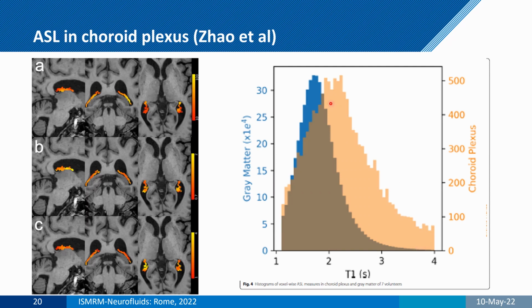Because what they showed is that the T1 with which the label was decaying in the choroid plexus was much longer than the T1 with which the label was decaying in the gray matter. And this shows that probably quite a bit of the label has gone from the intravascular space into the intraventricular CSF. So it has been exchanging. So this could be considered a measure for this water exchange between the choroid plexus and the ventricle CSF.